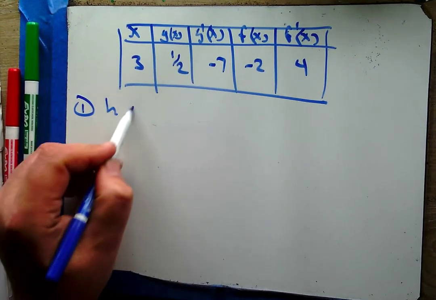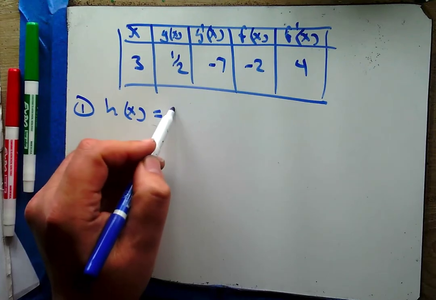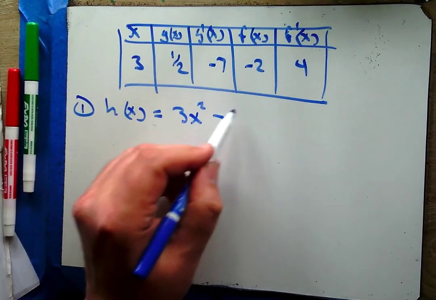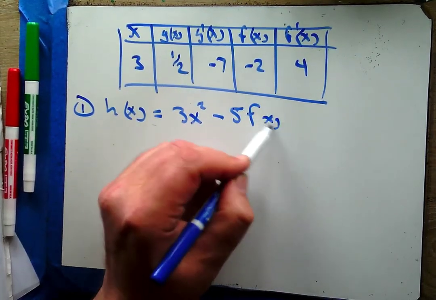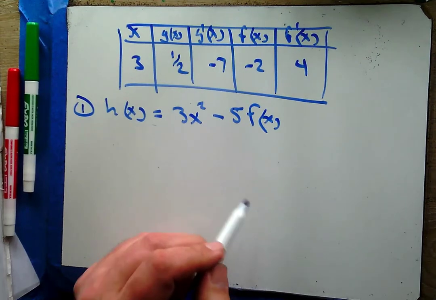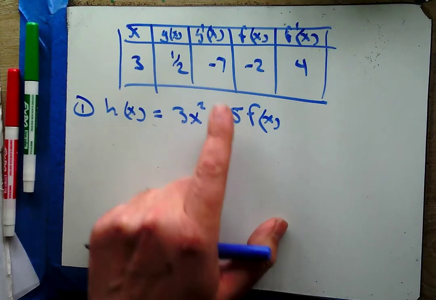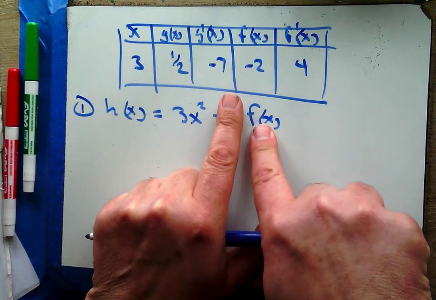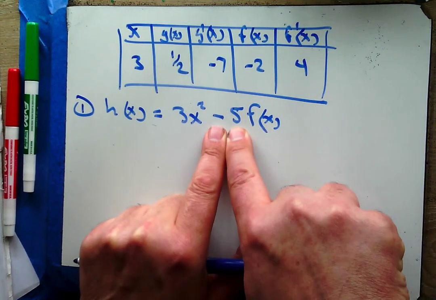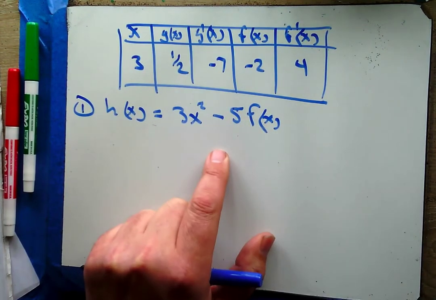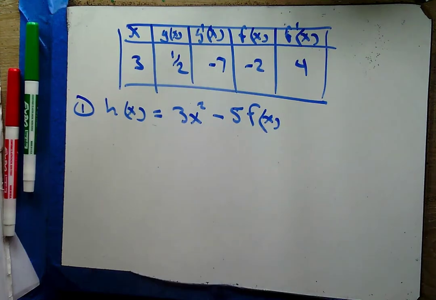1. h of x equals 3x squared minus 5 f of x. Now, this is an example of a place where lots of students want to use the product rule, when really they should just say the derivative of the function times the constant, because inevitably they blow the product rule here.